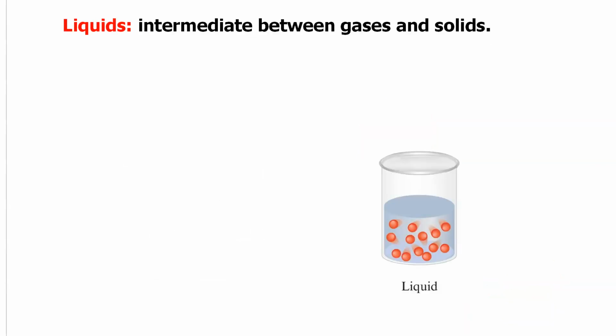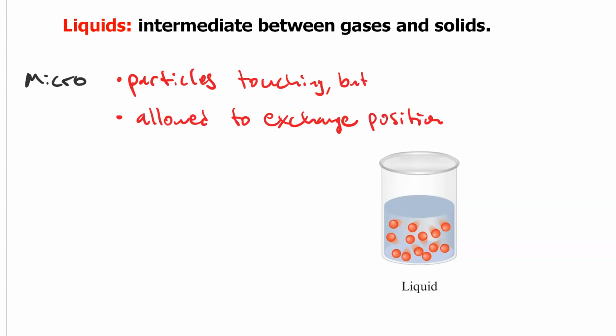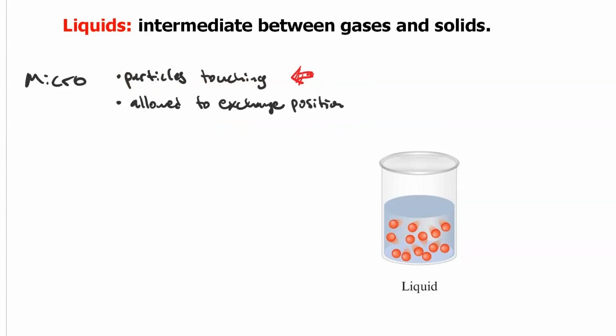Liquids represent the intermediate between gases and solids. On the micro level, the particles are touching their neighbors, but they're also allowed to exchange position. Now, the particles touching means that it is a condensed phase, just like a solid.